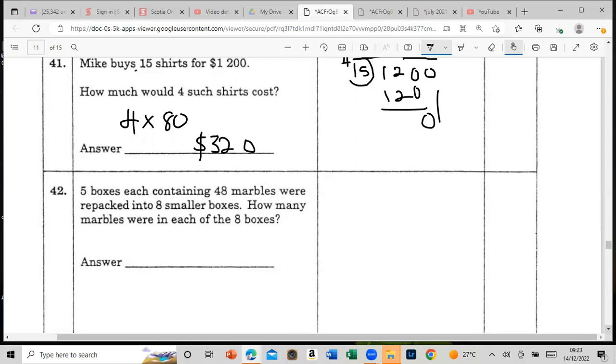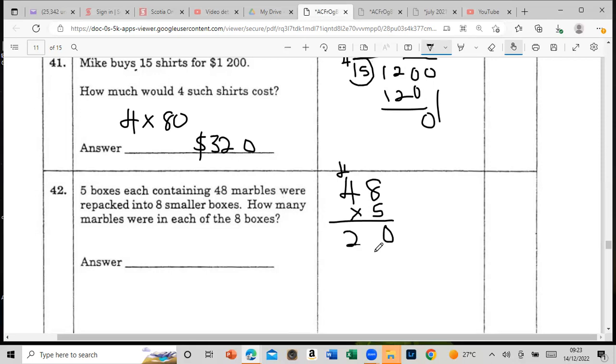Alright? So 5 boxes each contain 48 marbles. So we know there are 48 marbles, right? And we had 5 boxes. So let's multiply by 5. That will give us the total of all the marbles. So 5 times 8 is 40. 5 times 4 is 20, and 4 more makes 24.